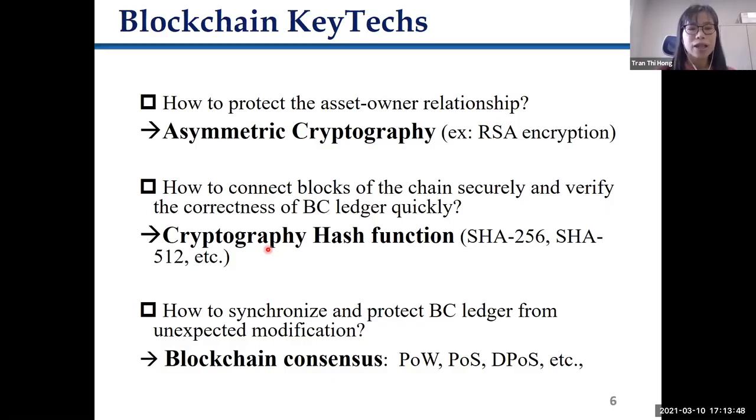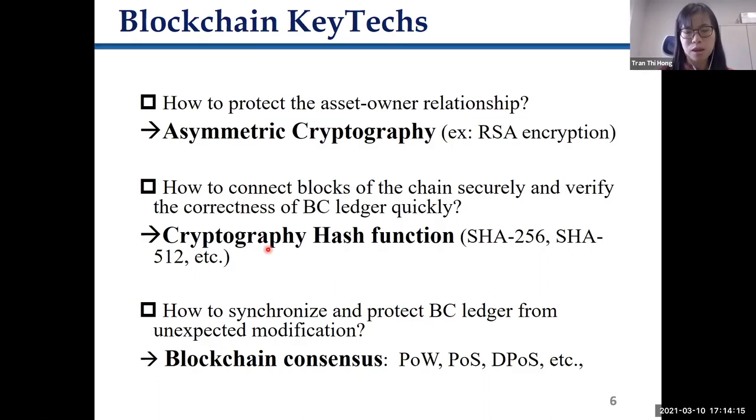Another very important technology is blockchain consensus. Why? Because the blockchain is a decentralized network. Not only one person writes the data into the ledger, but a lot of miners write data into the ledger, and a miner may work honestly or dishonestly.